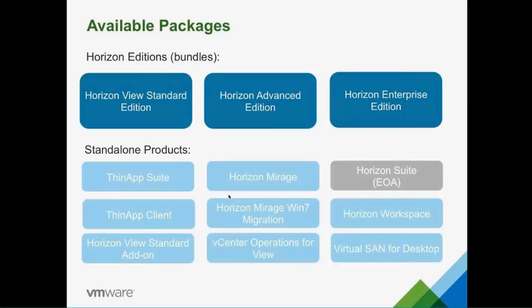You're going to have things like Horizon Mirage, if the customer wants to just use Horizon Mirage for upgrading desktops, or if they want to just purchase the Horizon View Standard add-on, these are all going to be available. However, the best bang for the buck is going to be inside of the editions.